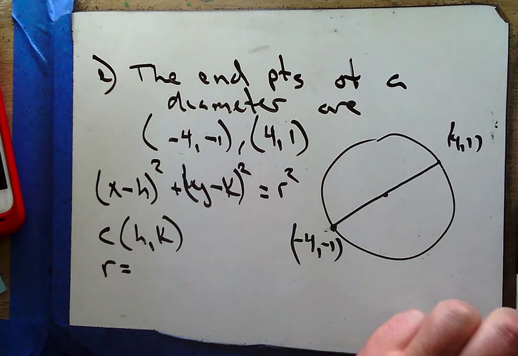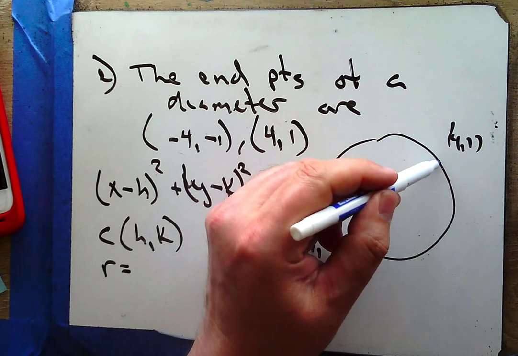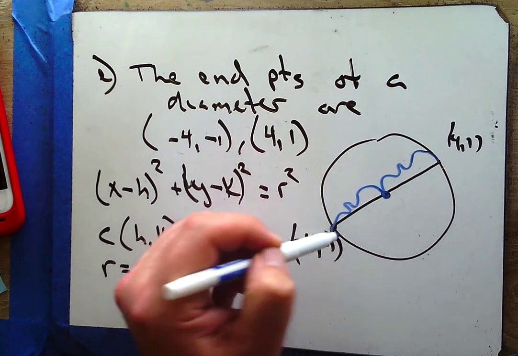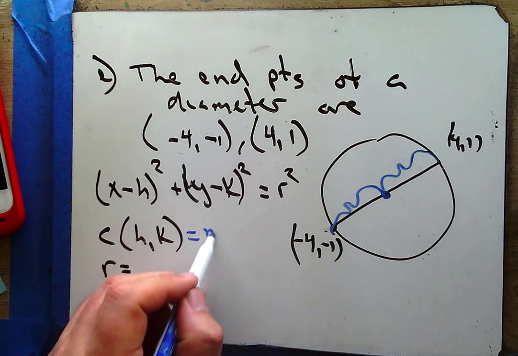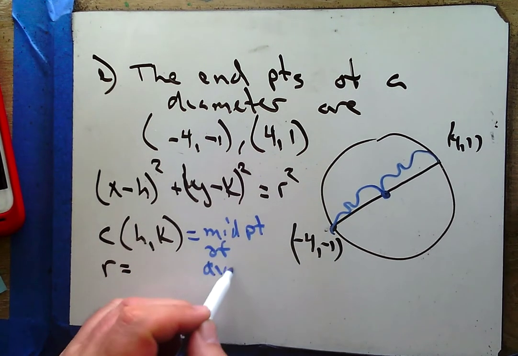Well, what's the relationship between the center and its distance from this endpoint and its distance from that endpoint? That's right, the center is halfway between them. The center is the midpoint of the diameter.